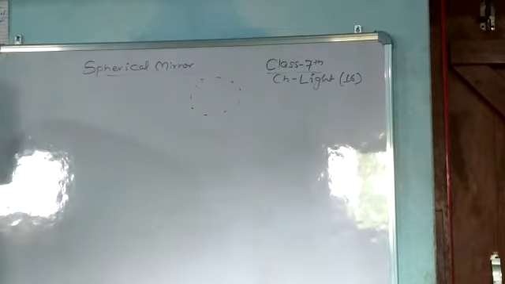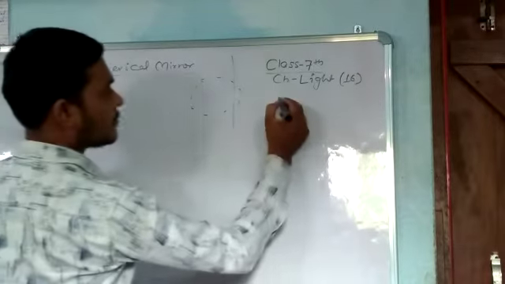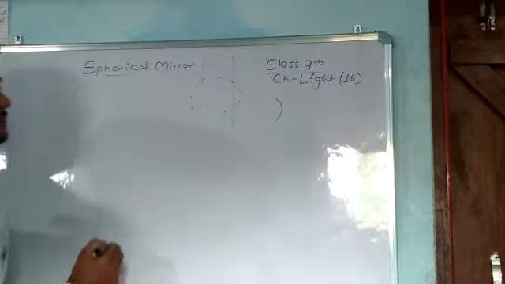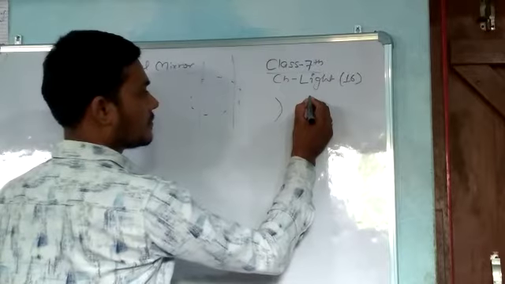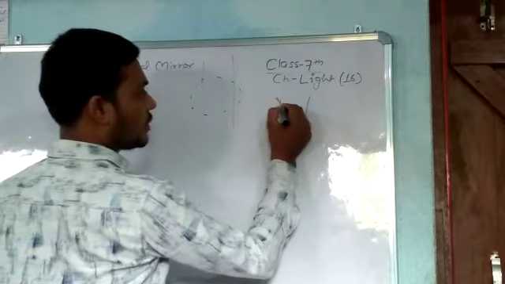This is a spherical mirror. If you cut it, we got this part. And if you cut it, then you got this part. If you cut it, the coating is here.